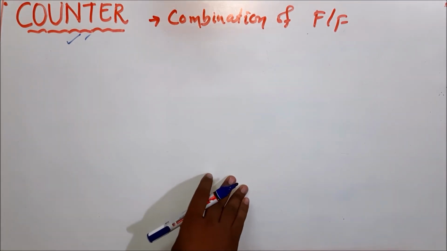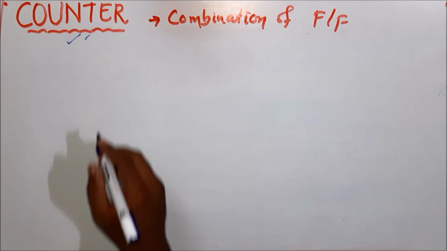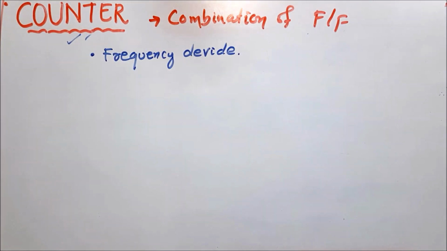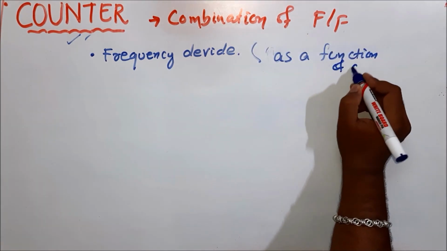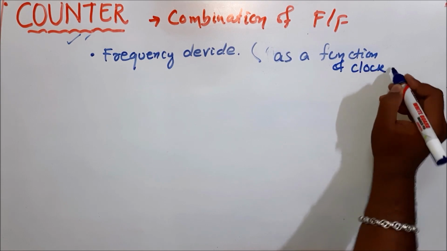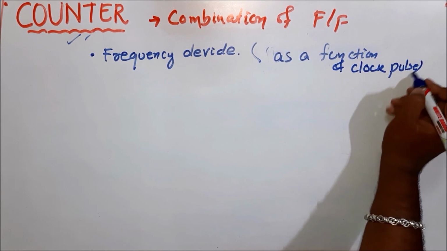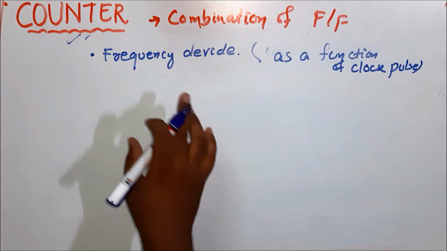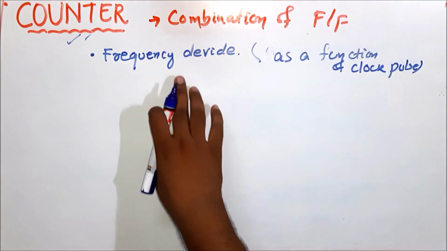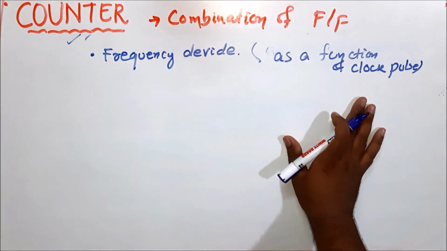Not only counting, a counter can also be used as a frequency divider. That means the input frequency can be divided as a function of the clock pulse.